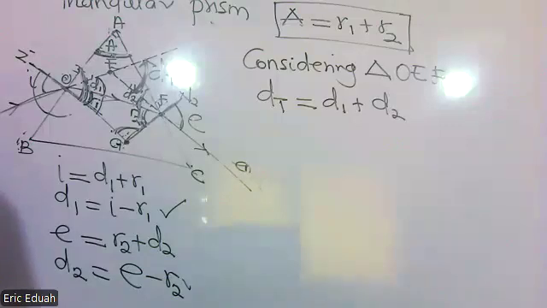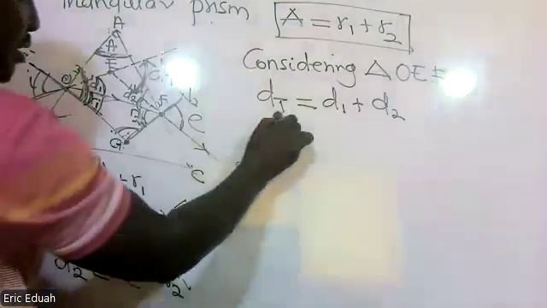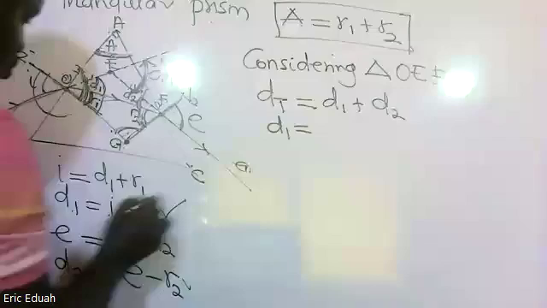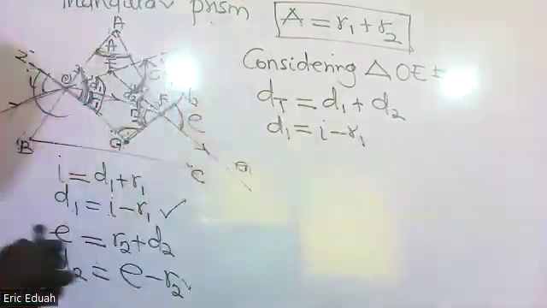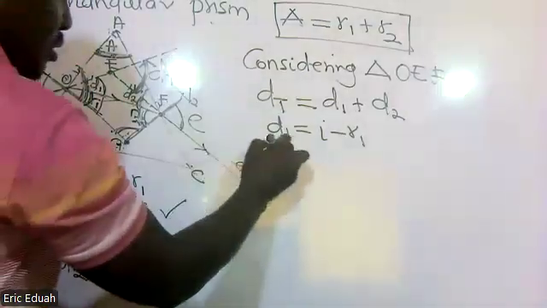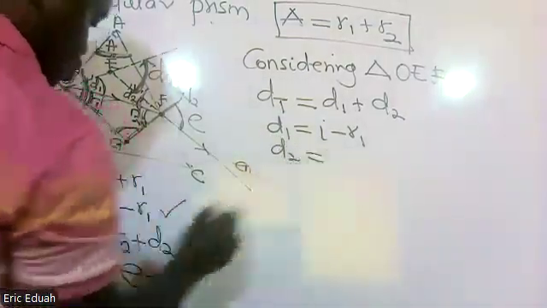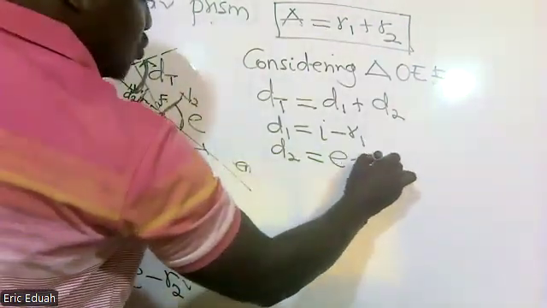Yes, please. Now, you see, we earlier had a relation for D1. D1 is equal to I minus R1. Then D2 is also equal to the angle of emergence minus R2.